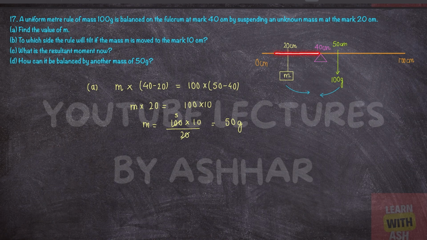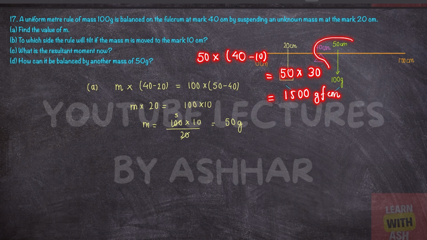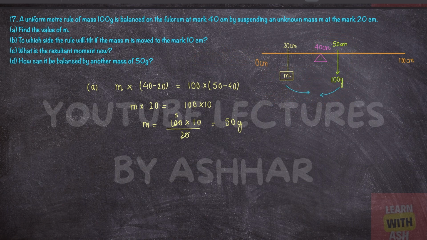If the distance is increased, you can clearly see over here that since it is 50, now 50 multiplied with 40 minus 10, which is 50 multiplied with 30, is equivalent to 1500 gram force centimeter. On the other hand, this is much lower than that. That means being at a greater value, the rule will tilt on the left hand side.